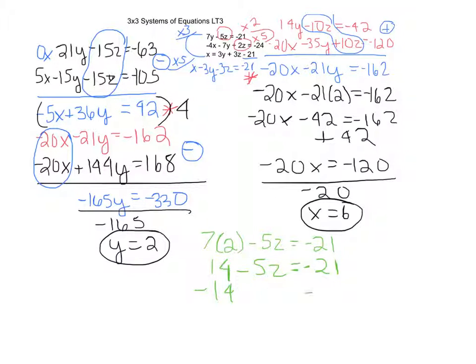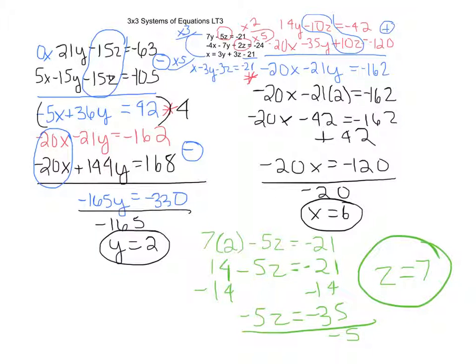Subtract 14 from both sides. So negative 5z is equal to negative 21 minus 14. Oops, negative 21 minus 14 gets me negative 35. Divide both sides by negative 5, and we get that z is equal to positive 7.